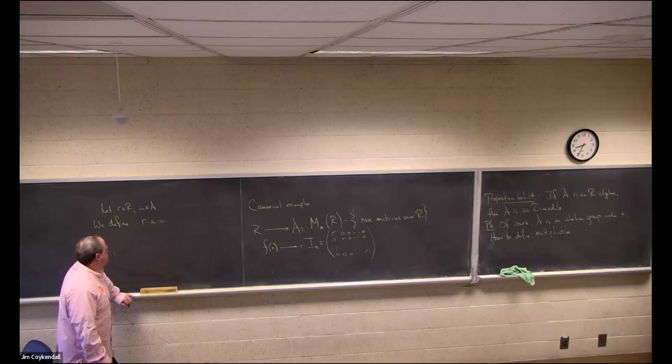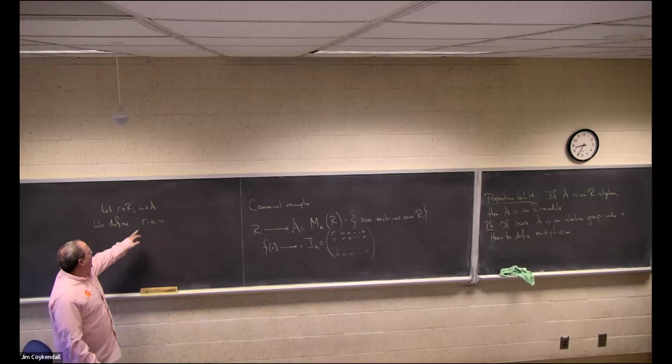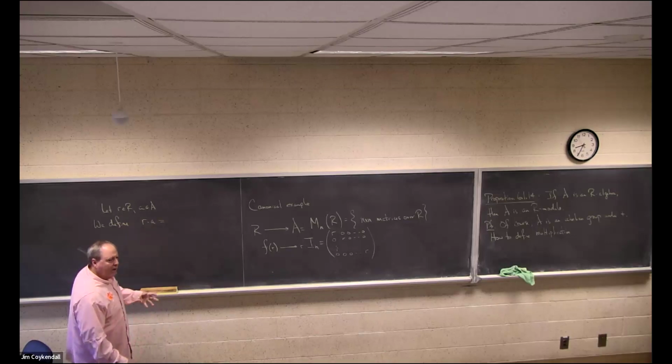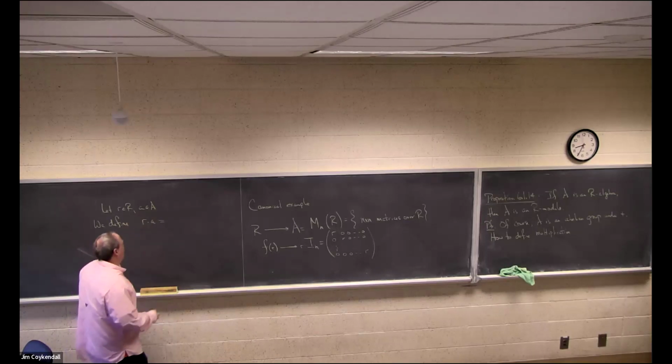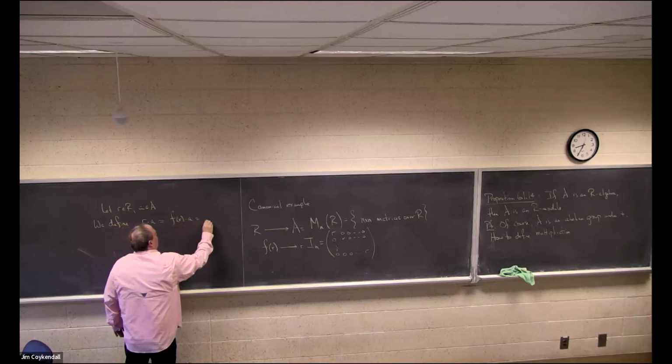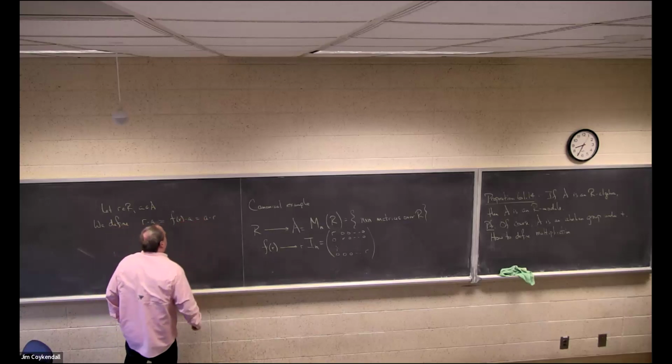That's right, because at the outset, R and A are just two different animals, right? This is some ring and this is some other ring, right? How do I tie it together? There's a homomorphism that actually pushes R into A. So I can multiply this. I'm going to define this to be f(r) times a, and I'm going to define this to be a times r as well.